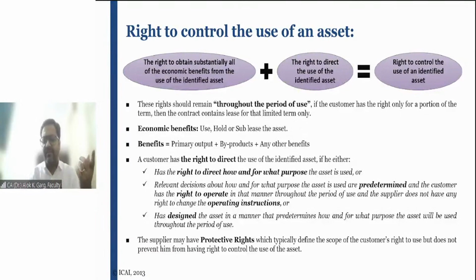If it lies with the lessor, you cannot say that the right to control the use of an asset has been transferred. And I have given an example of a car which is given to my friend, where the right to use is transferred, but the right to control the use still lies with me, right? So there is a difference between right to use and right to control the use.